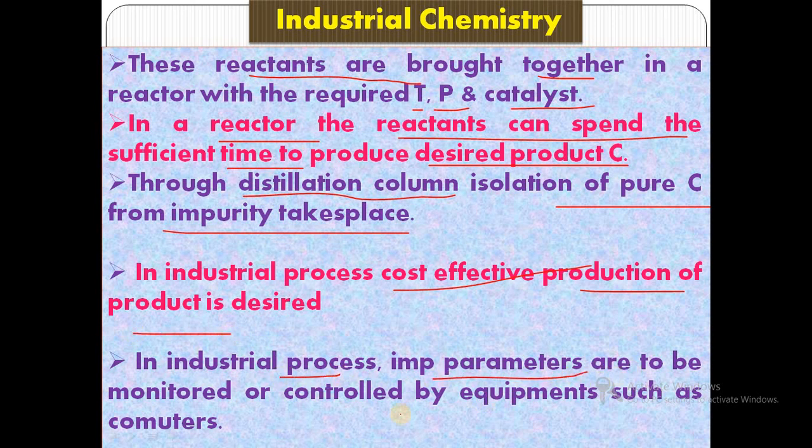Important parameters are monitored or controlled by equipment such as computers. So this is the automatic process, and in industrial chemistry we can produce large tons of that chemical component, which will be controlled or monitored by computers.